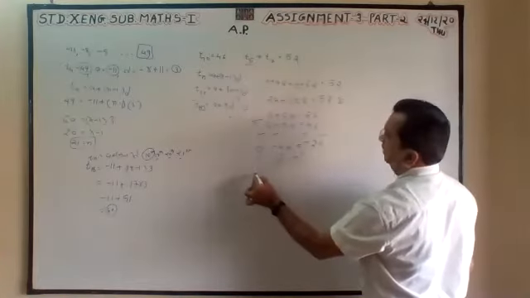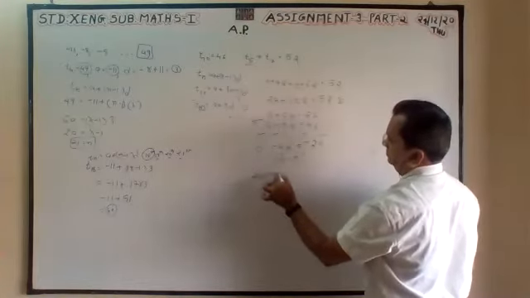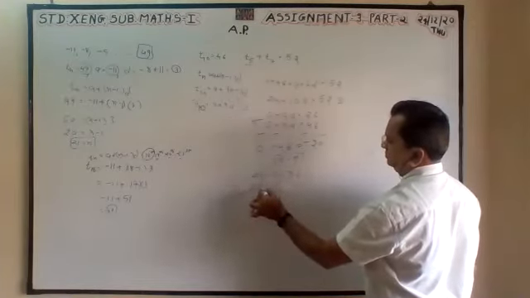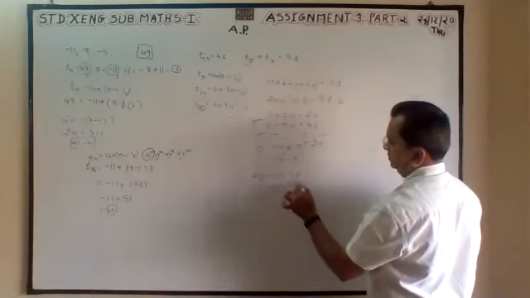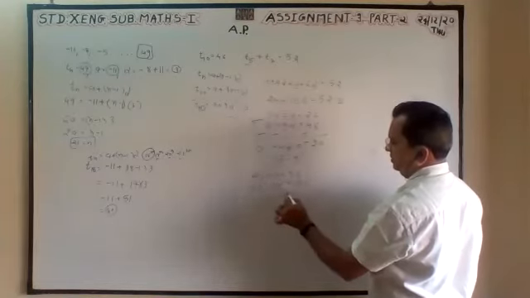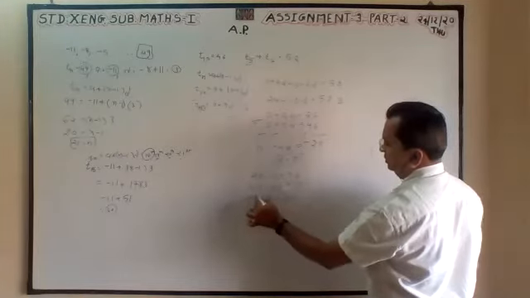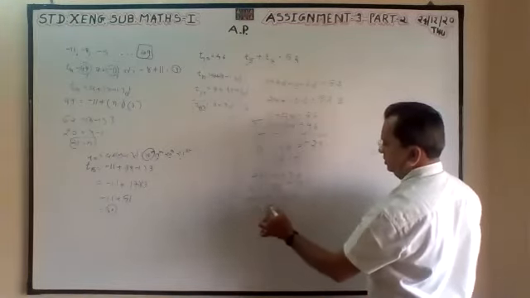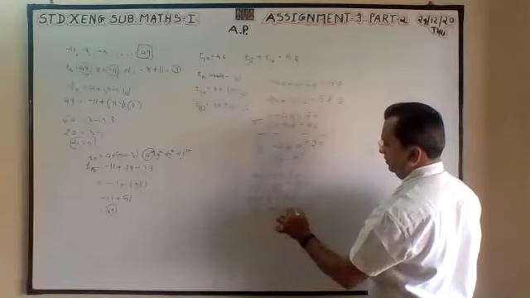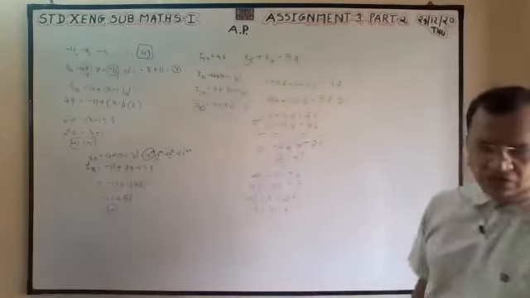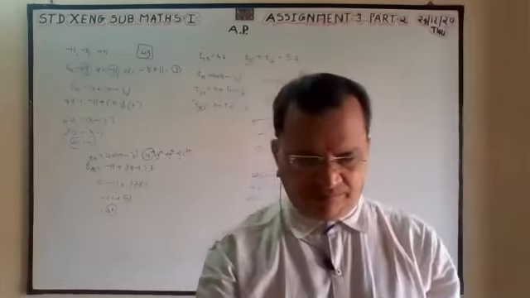Substitute D is equal to 5. A plus 45 is equal to 46, so A is equal to 46 minus 45, which is 1. So we got A and D both.